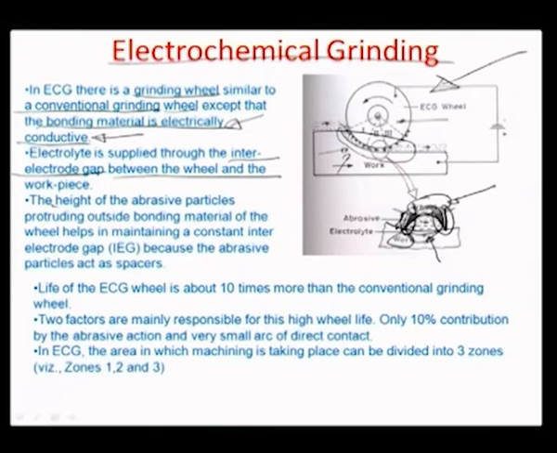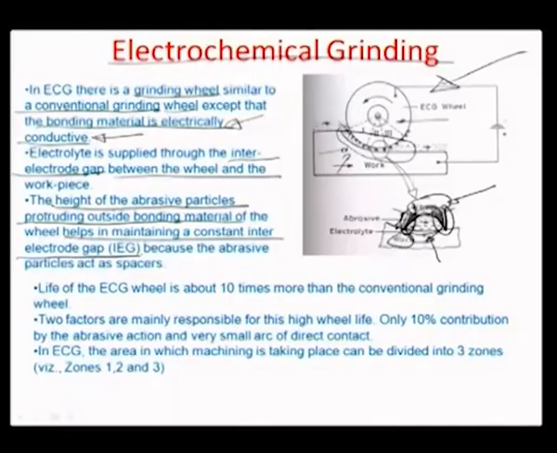You have to ensure that the height of the abrasive particles protruding outside the bonding material is all similar or constant in size, and therefore it helps in maintaining this inter-electrode gap because the abrasive particles act as spacers, and then it tries to create a compartment holding an electrolyte for a high rate of dissolution on a local area between the wheel and the surface in question.